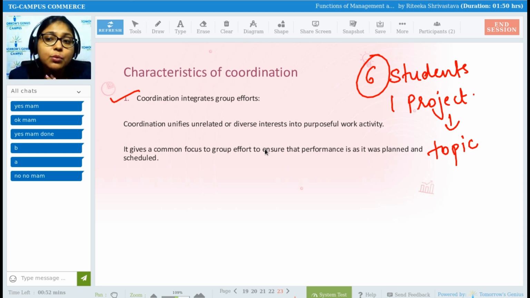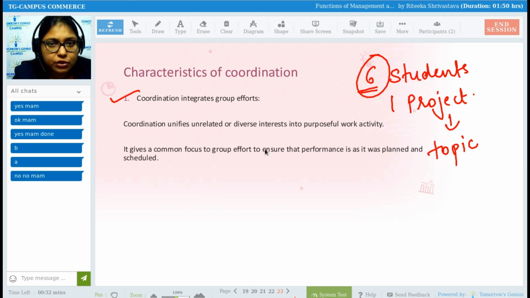What do these 6 students need? They need proper, good coordination, being cordial with each other and working together. This is what the 6 students will do.